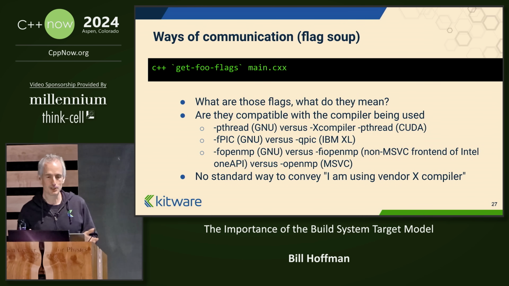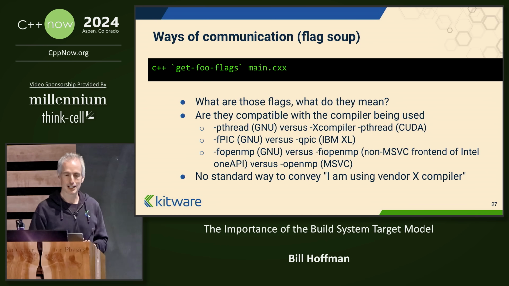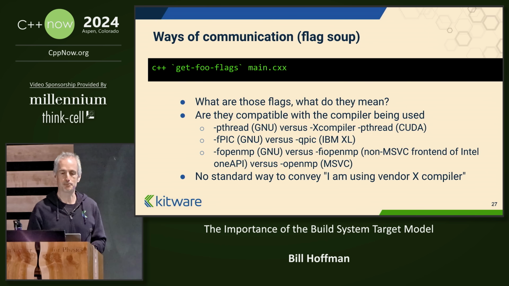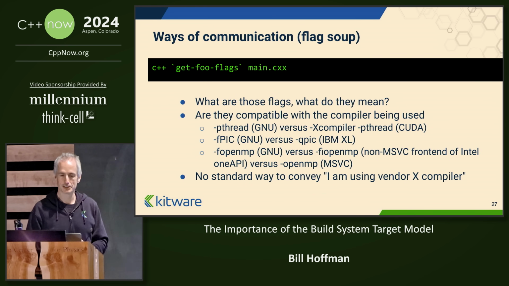So again, ways of communication, sort of getting back to this flag soup concept. You could have some sort of program that spits out a bunch of flags and execute that, run it, and give it to the compiler. But then you might ask yourself, what are those flags? What do they mean? What's the context of those flags?